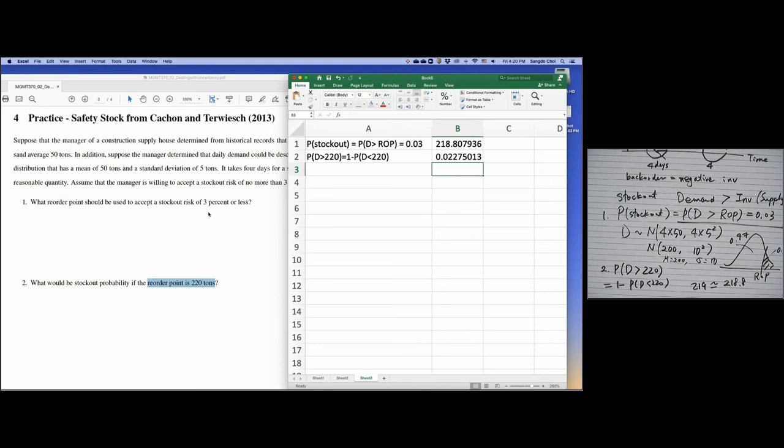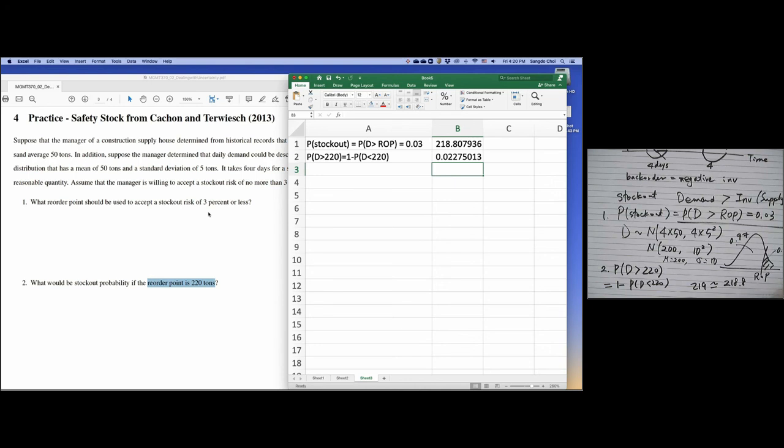Then you can change this direction. And finally, this case is 1 minus NORM.DIST with x is 220. What is the mean? The mean is 200. What is the standard deviation? The standard deviation is 10, and this is cumulative. So 2%.